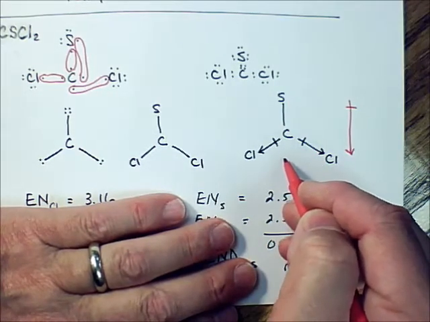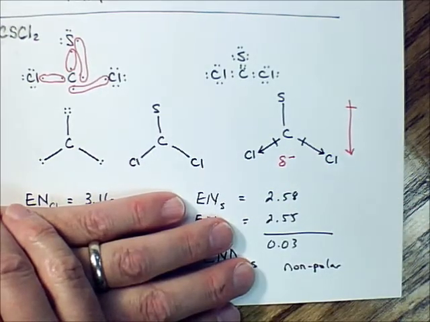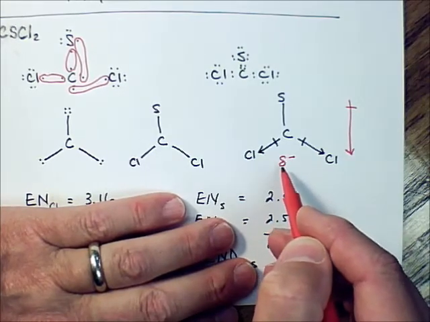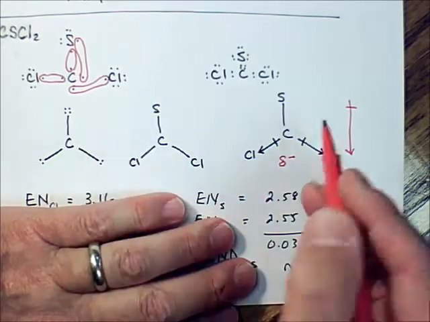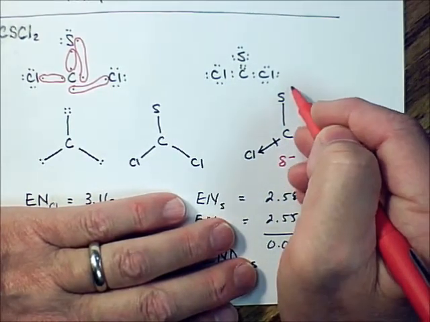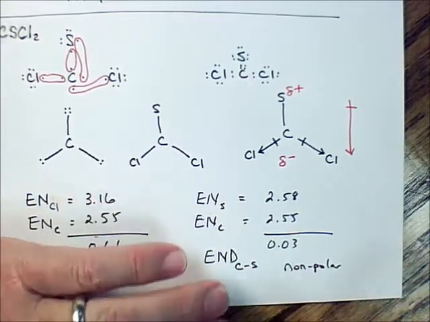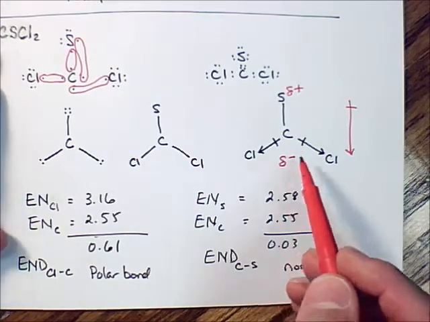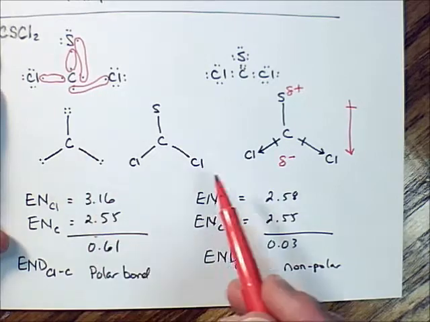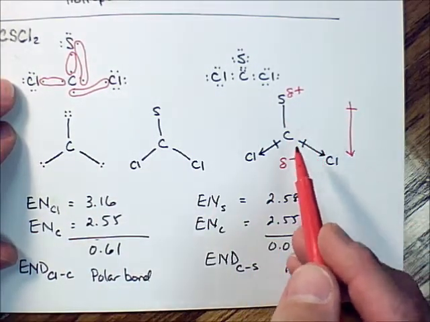What it also means is that this end of the molecule is partially negative. That's our symbol for partially negative. It's like an 8 that you didn't quite finish, or an S that you sort of looped back on itself. And because this end is partially negative, this end up here, by comparison, is partially positive. So this molecule is a polar molecule, because even though it is symmetrical, evenly spaced all the way around, the polarity is not equally spaced.